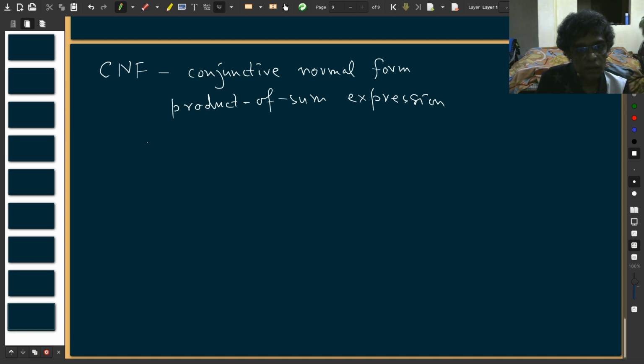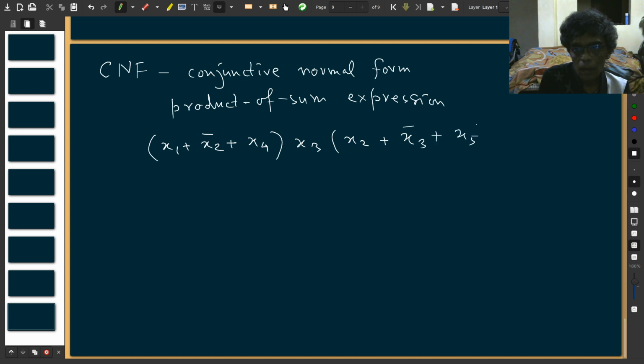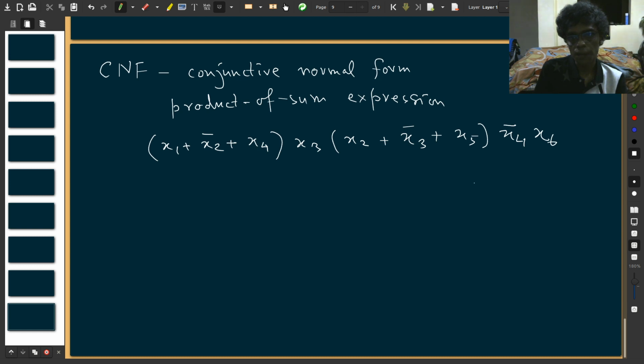So it's something like this. Okay, the formula is a product of some expressions.